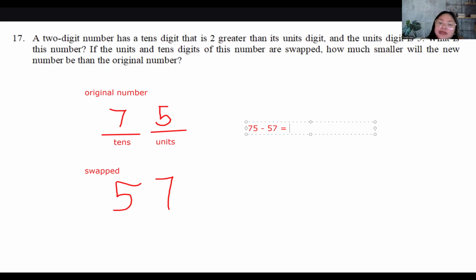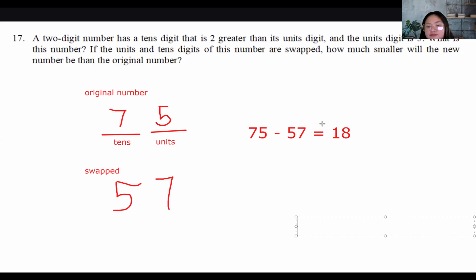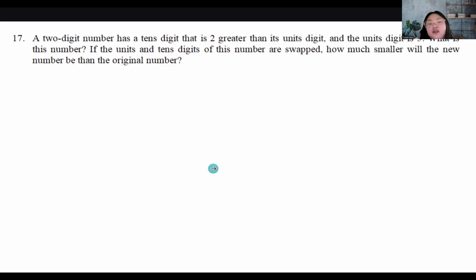That will give you 18. And that is the answer. Okay, very good. So you really have to read all the questions, then answer the last question that they ask.